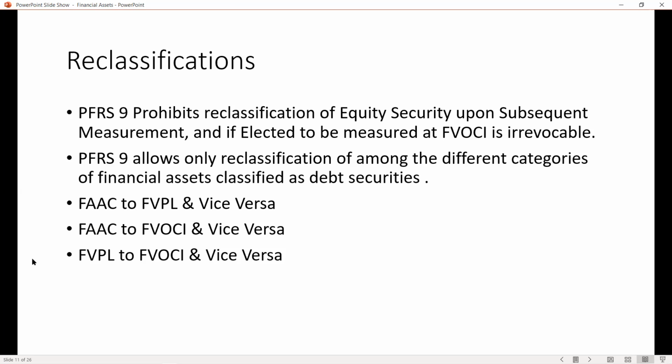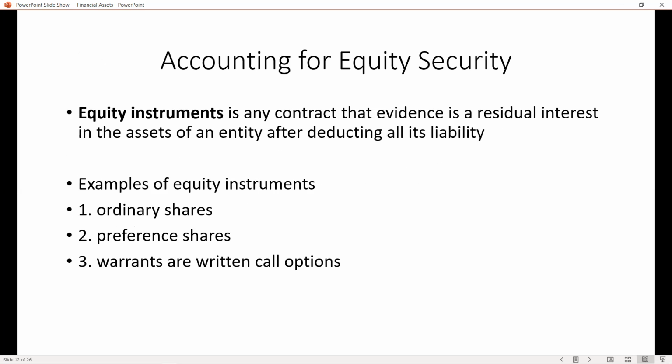So, pwede nating i-reclassify si debt securities. And merong iba't ibang accounting treatment dyan na matatalakay natin soon sa debt securities. But ngayon, ang ating focus muna ay si accounting for equity security.